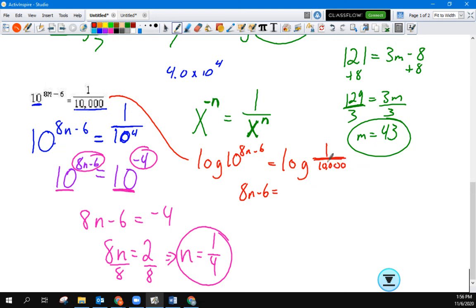You still would have had to change this to deal with this. 10 to what power gives me 1 over 10,000? Well, that's still going to be -4. So you're still going to have to either evaluate that log or change it to the 10 to -4 power. Okay, and it still gets you basically to right here. So why not just use the one-to-one property to help you? Okay, so there's 4 different styles of solving log and exponentials.